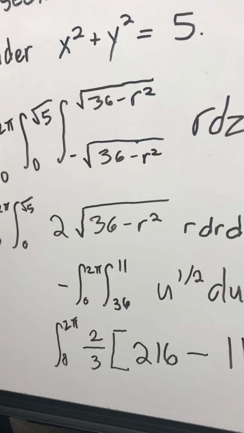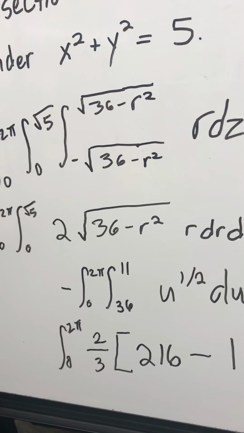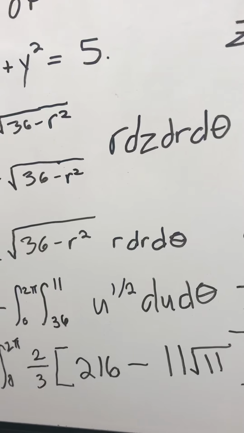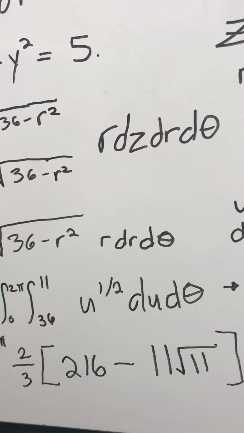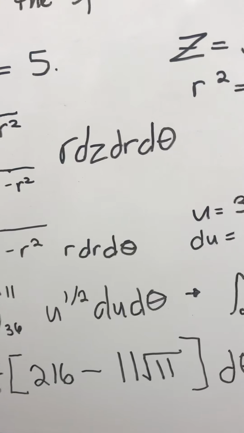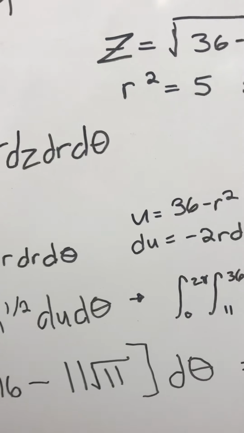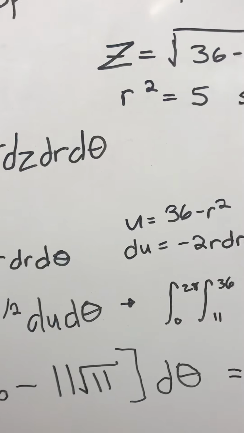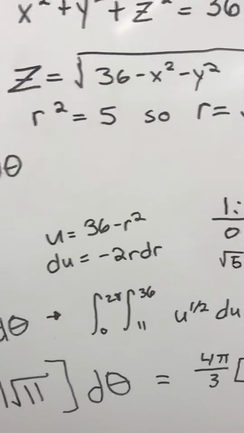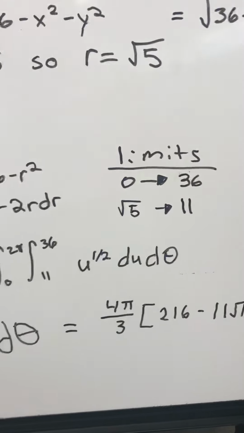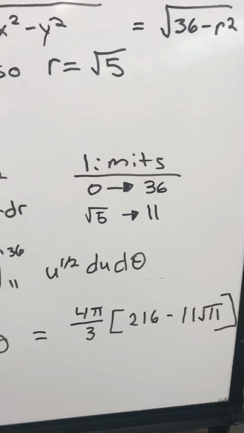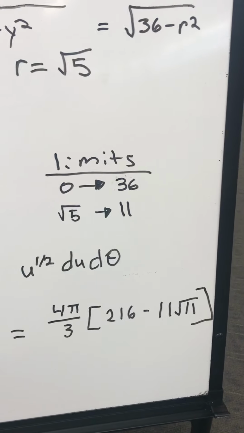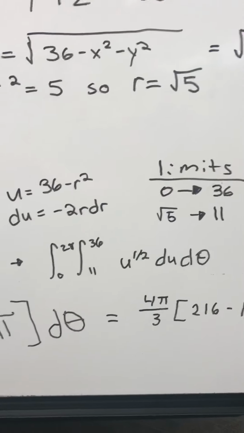And this becomes the single integral from 0 to 2 pi of 2/3 times u to the 3/2, which for 36 is 216, minus u to the 3/2 for 11, which is 11 root 11, d theta. And we end up with 4 pi over 3 times 216 minus 11 root 11. And that is the end of the 14.7 review.